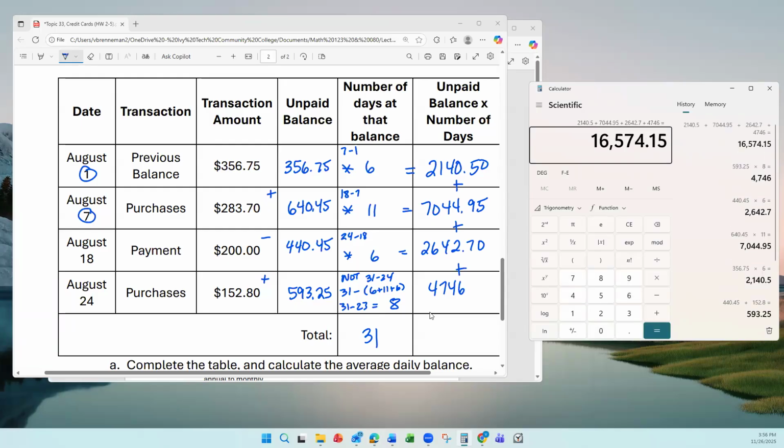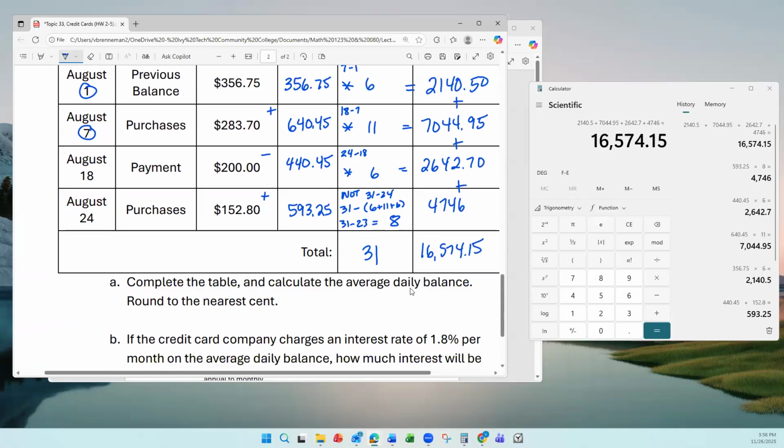It adds up to 16,574.15. So the last step to find the average daily balance is taking that 16,574.15 and dividing that by the 31 days.